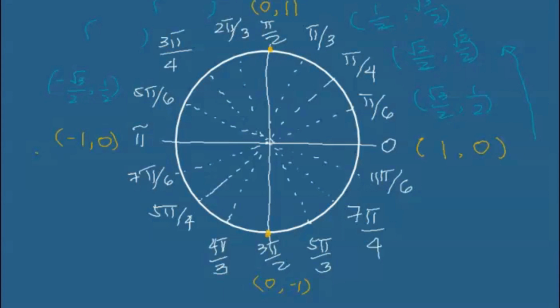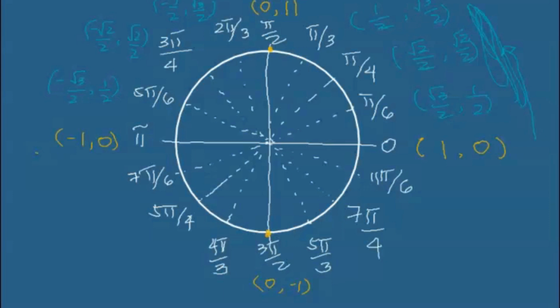So all you need to remember is these 3. For 3 pi over 4, you copy the pi over 4, and then the x should be negative: negative square root of 2 over 2, and square root of 2 over 2 for y, positive. And for 2 pi over 3, it's negative 1/2 for x, and positive square root of 3 over 2 for the y value.